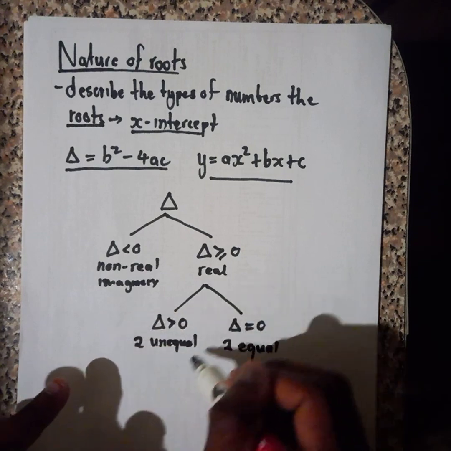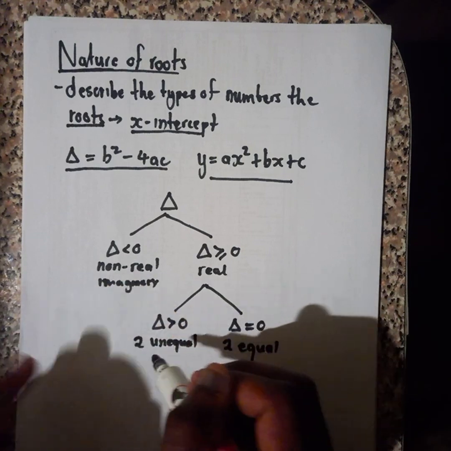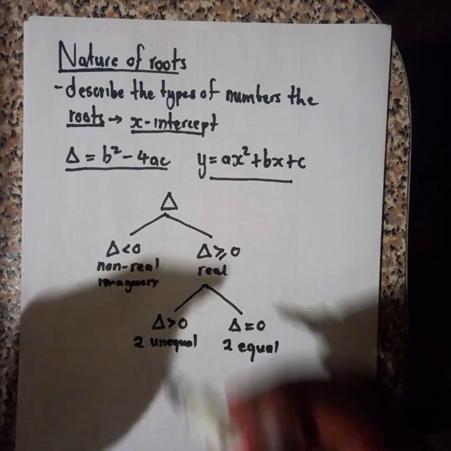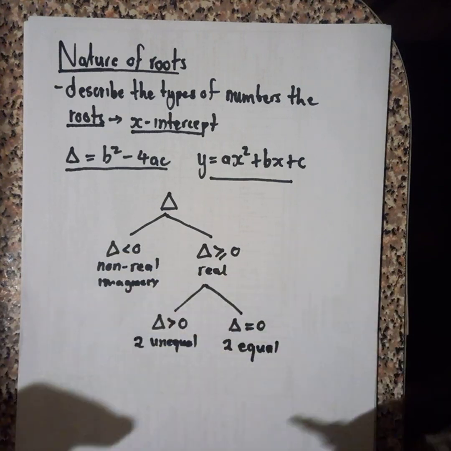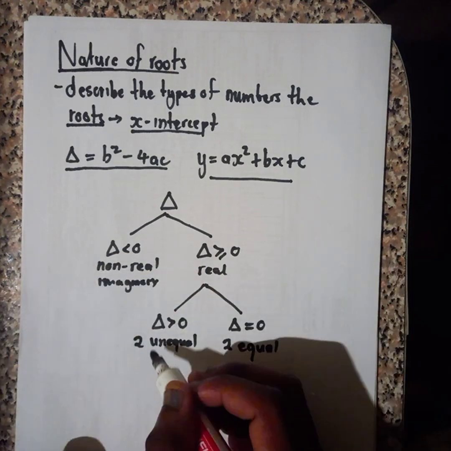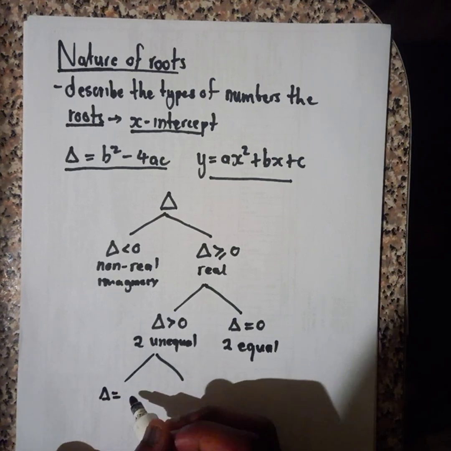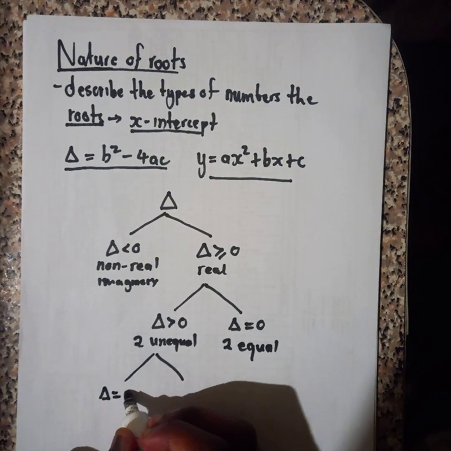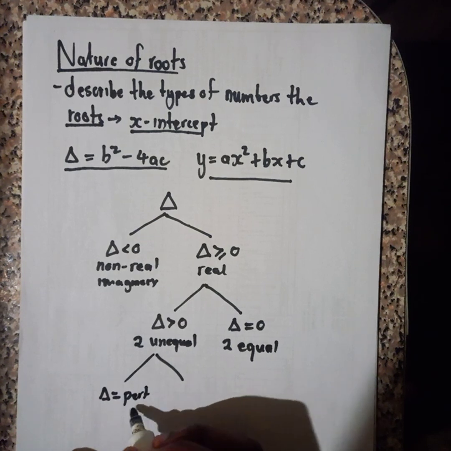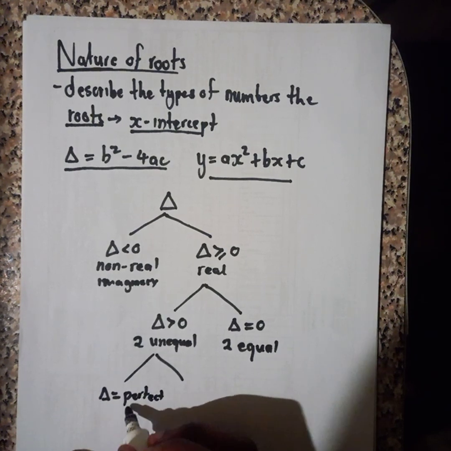Furthermore, where your delta is greater than 0, it further branches into two, depending on whether your delta is a perfect square.